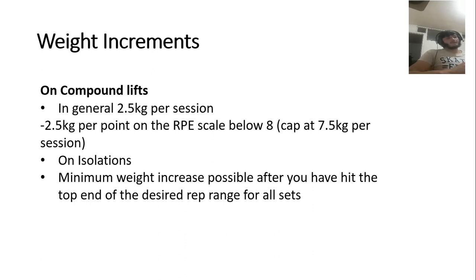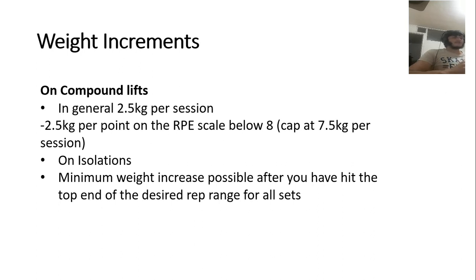Otherwise, you're going to have to incorporate some type of evolving rep range or evolving set range, or a mixture of the two, like I have done with some people that I have coached and with myself. Basically, you change a few of those things, but in general, if you can, this is probably one of the best ways: you just add a little bit per session.